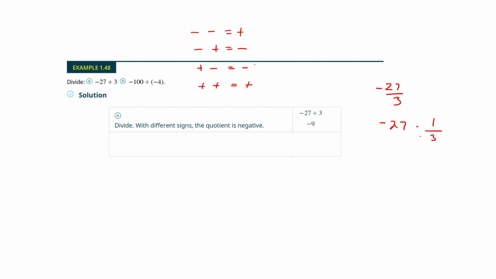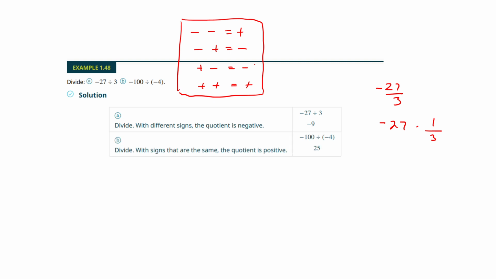You could think of this as it's being multiplied by 1/3. Well, I know that's not as easy. We don't want to deal with fractions, but my point is this. If I had a positive number and a negative number, it would be a negative. So what I'm getting at here is division is going to follow the exact same rules because you can actually flip division around and just think of it like it's a multiplication problem.